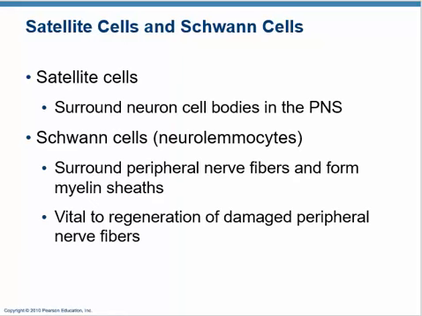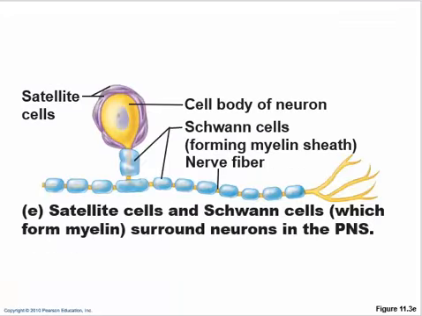They guide regeneration of axons, they insulate, and they speed up transmission. So they're kind of a combination in here between oligodendrocytes and astrocytes as far as the peripheral nervous system goes. They kind of perform both functions.